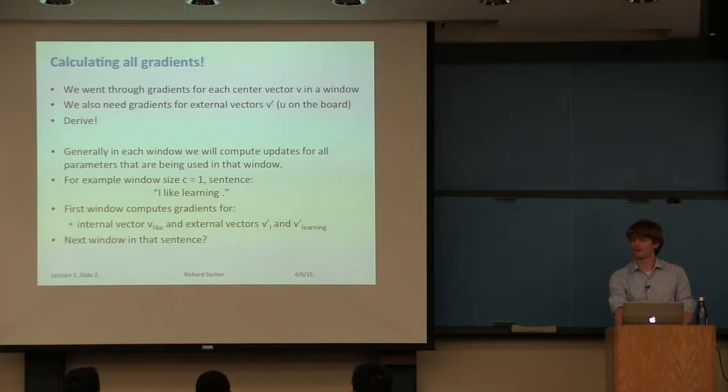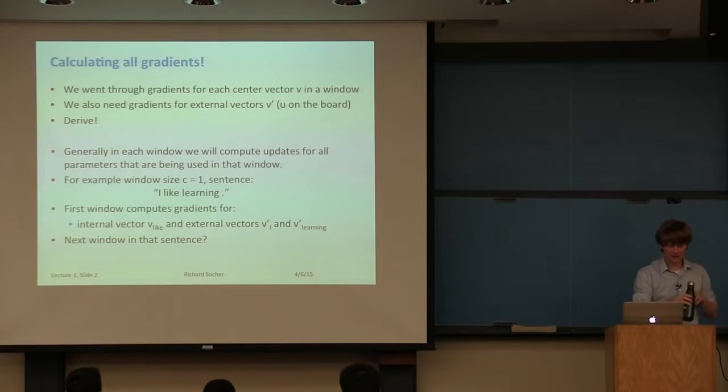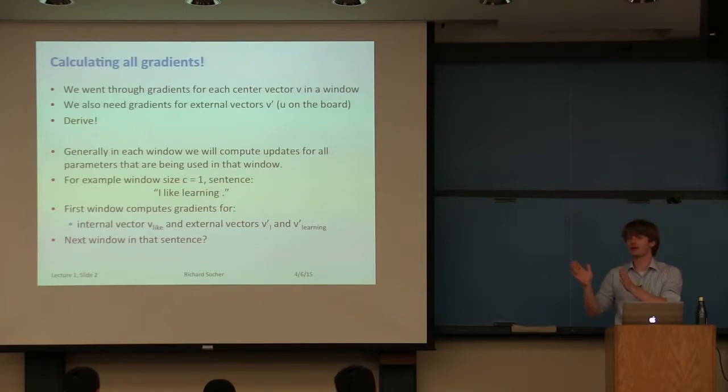Okay. Are there any questions about that? Is this the last window that you would do, or would you go one further? That's a good question. So far in the lecture I haven't gone through that, but it is actually a good detail.